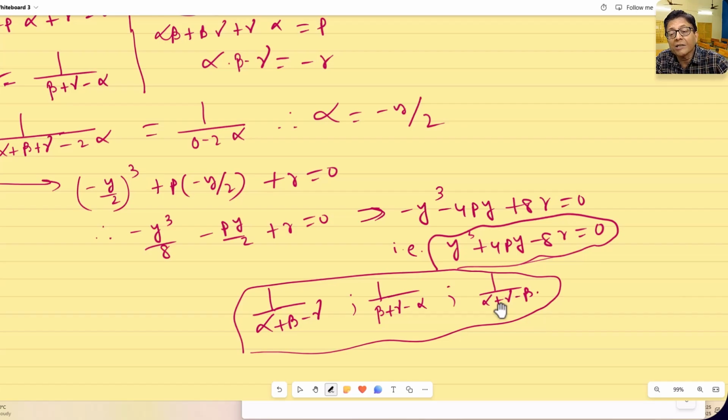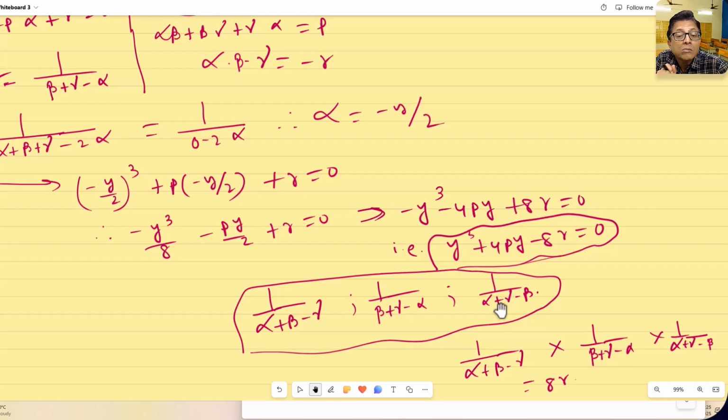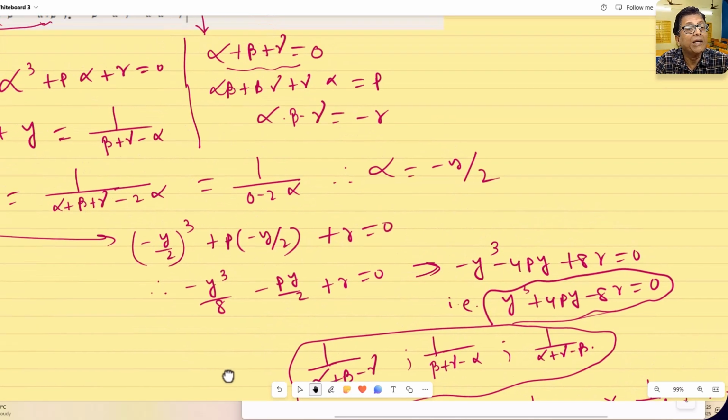So if the question arises, find the value of this product, this into 1 by alpha plus gamma minus beta, then this is going to be equal to 8r. How easily you can get this product, you won't believe if you don't apply transformation of equation. So you need to know transformation of equation, and you need to apply it for a given sum if required.